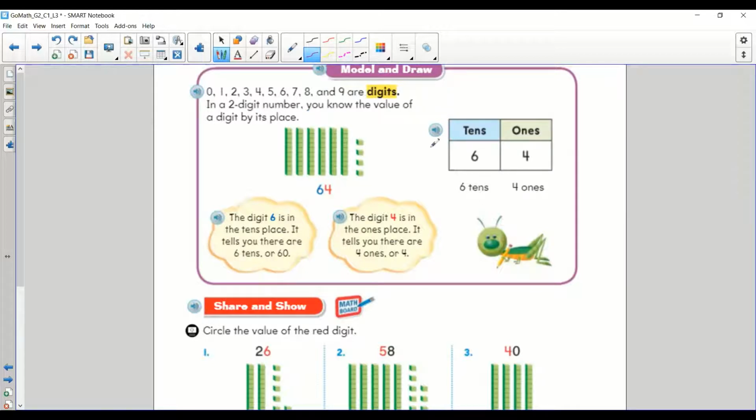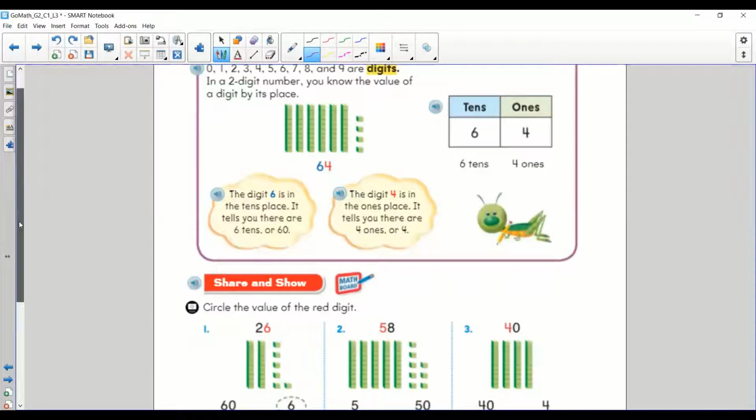It's a number that has 2 digits, like the number 64. The digit 6 in the tens place, see that? It tells you there are 6 tens, or 60. The digit 4 is in the ones place. It tells you that there are 4 ones, or 4.